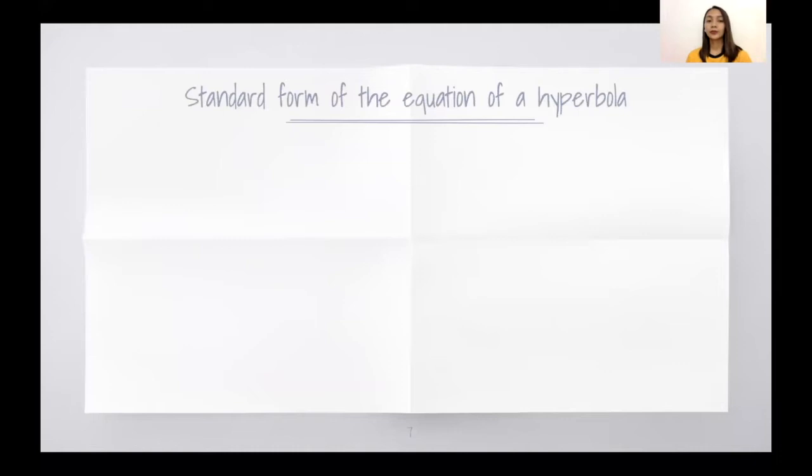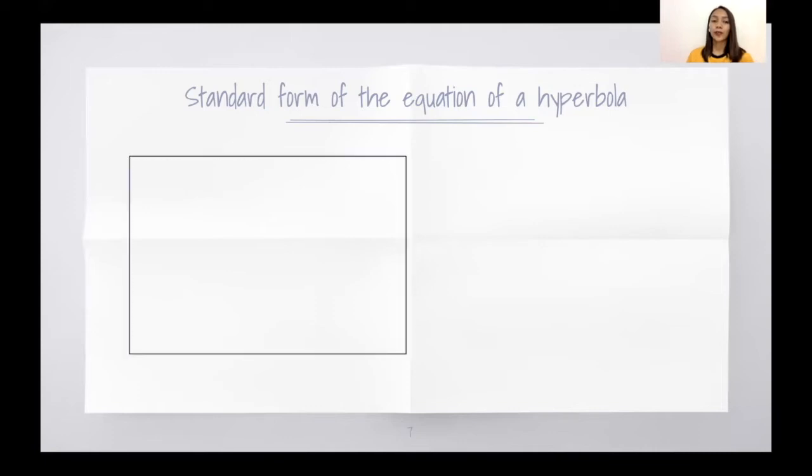Okay, so let's go to the standard form of the equation of a hyperbola. As I mentioned kanina, there are two types of transverse axis, the horizontal transverse axis and the vertical transverse axis. So therefore, meron din po silang magkaibang standard form of the equation.